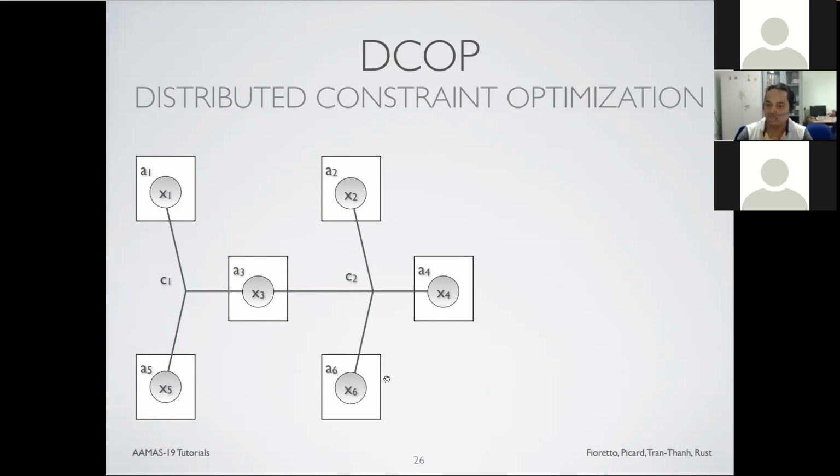For example, A1 is choosing a particular value for X1, and A1 will send that value as a message to its neighbors, because the neighbors are connected with each other.